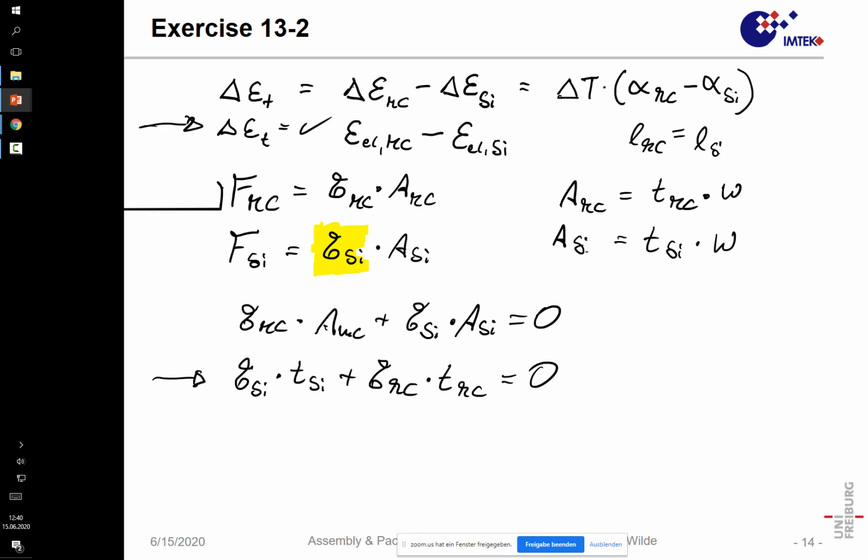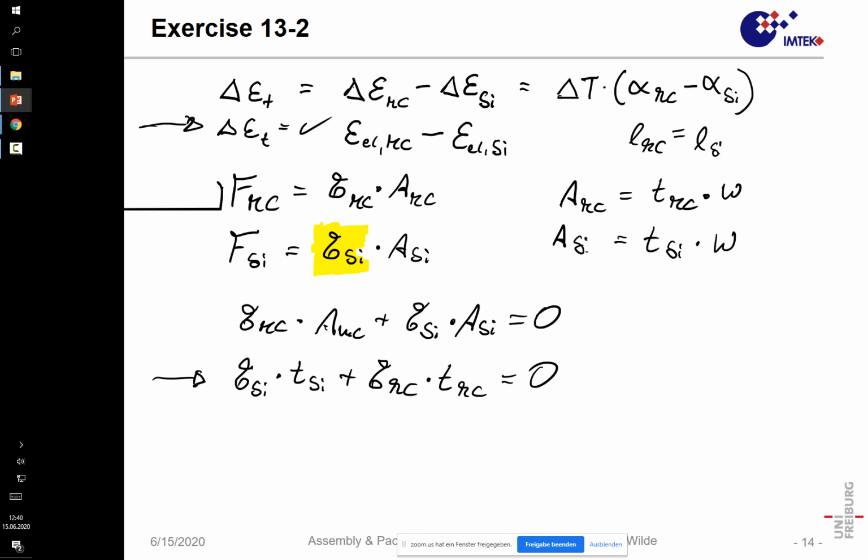And now what we could do is change these strains for stresses. How can we do that?